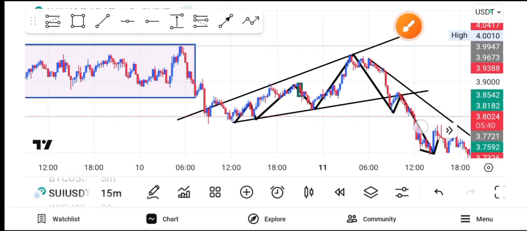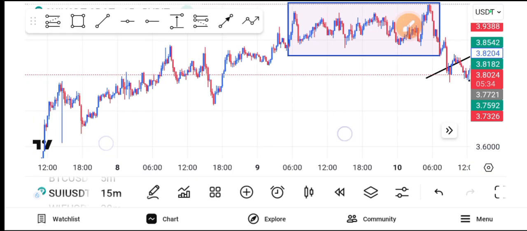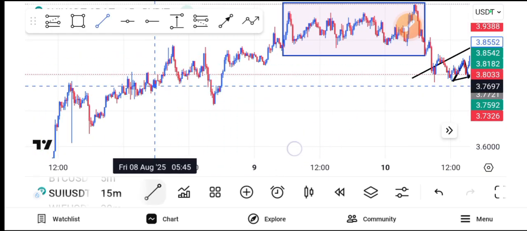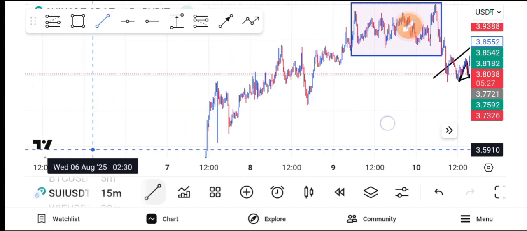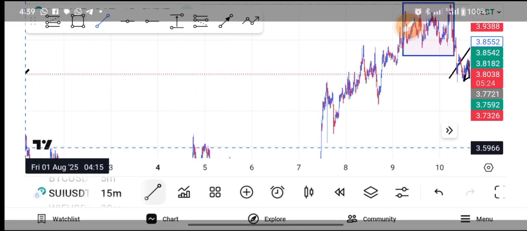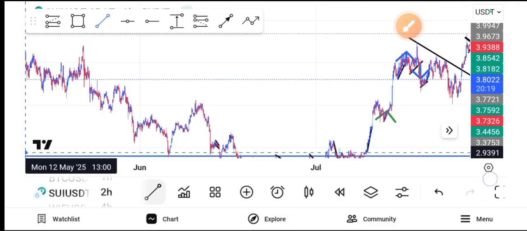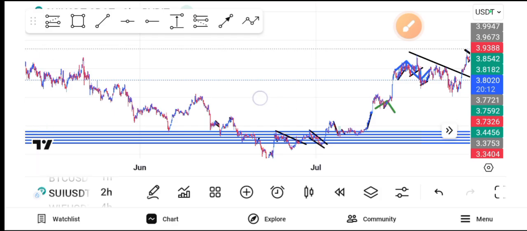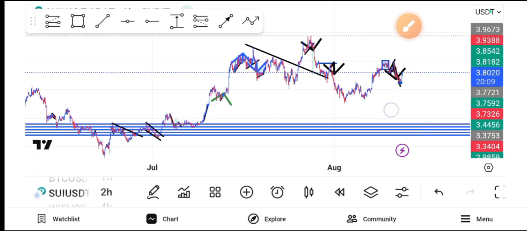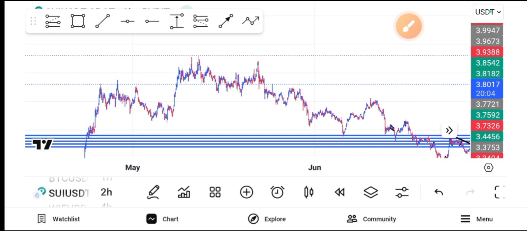Now anywhere you can plot your trend line. Okay, so let's put a trend line here. I think I'll need to put this in 4 hours. Okay, so let me place this in 4 hours. You can see more clearer with the 4 hours chart and be able to understand more clearly. All right, let me delete this. All right, so I want to go back.